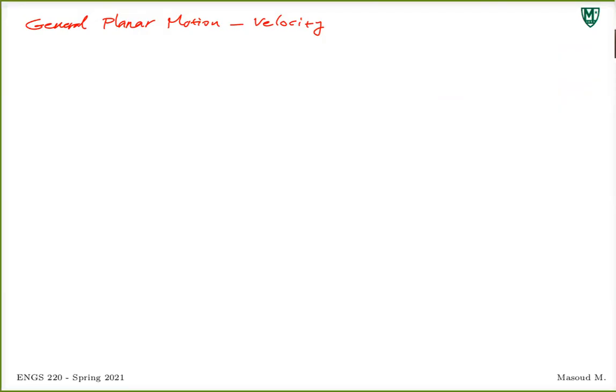In translation, each point of the body has the same motion: if it translates this way, every point on this rigid body goes with the same velocity and acceleration. We talked about rotation, so I won't go there. Now, general planar motion, you can think of it as a combination of both. Let's just write it this way.